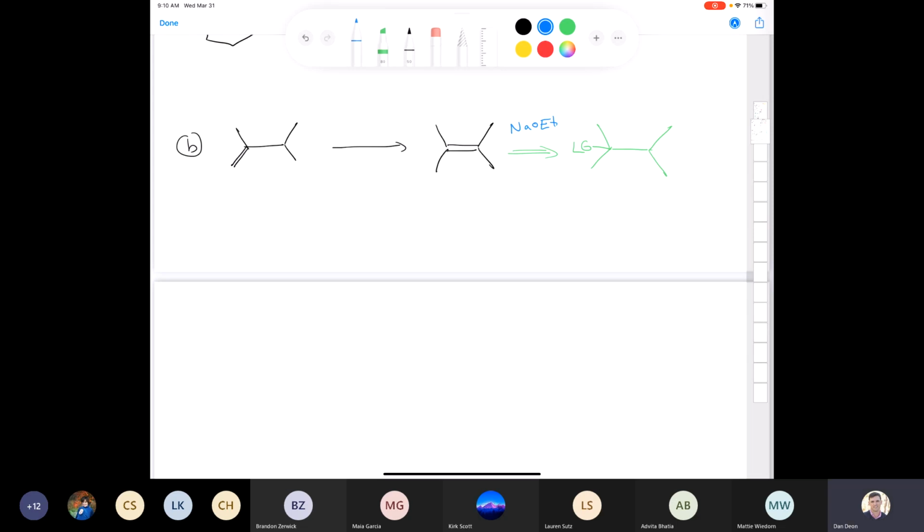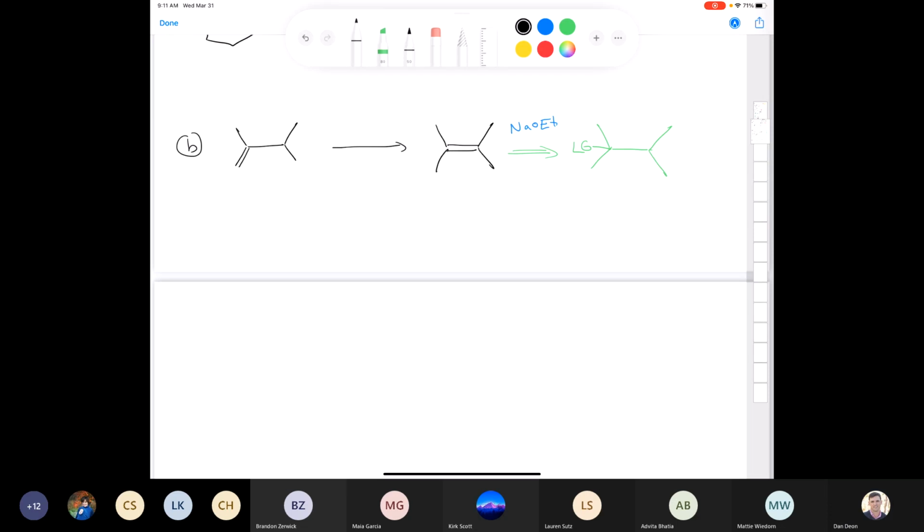So there's no hindered base required in B. I'm not sure if that's what my students put now or if that was written from before. But there's no hindered base required to go from this alkene to this tetrasubstituted alkene.